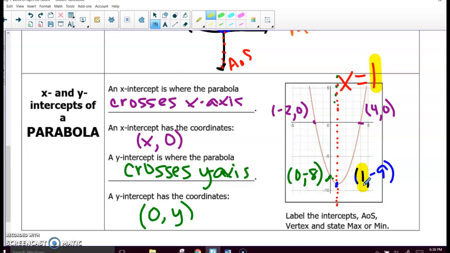I wonder if that's coincidence. Last but not least, let's talk about whether our vertex is a minimum or a maximum. Because my parabola opens up, this particular point, my vertex, is the lowest point of my graph, so it is a minimum.